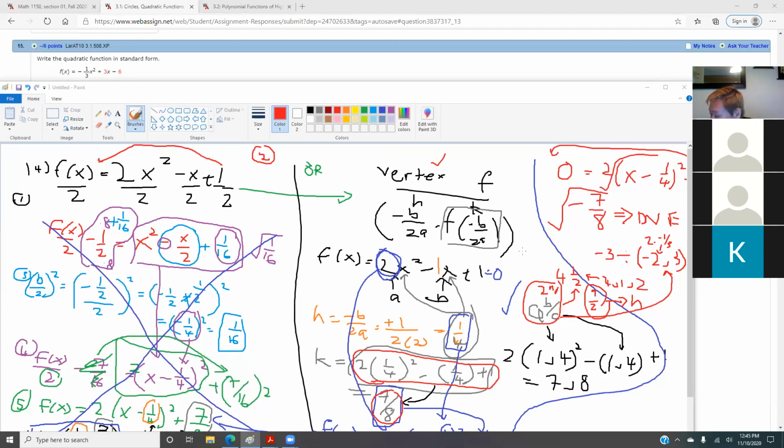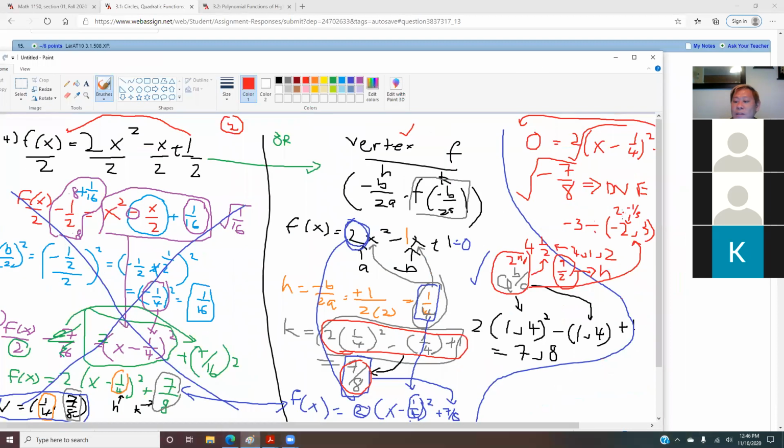I'm just confused, maybe I'm plugging it in wrong, but I keep getting 1/2. Nope, 1/2 is not right. For H or K? H. No, it's not right. The reason you get 1/2 is because you did not put a parenthesis. Do you put parenthesis around the 2/3?